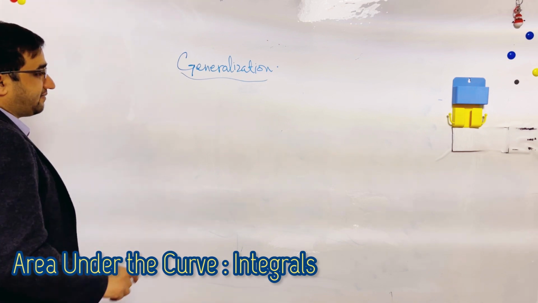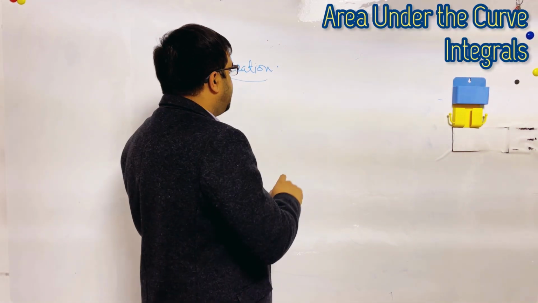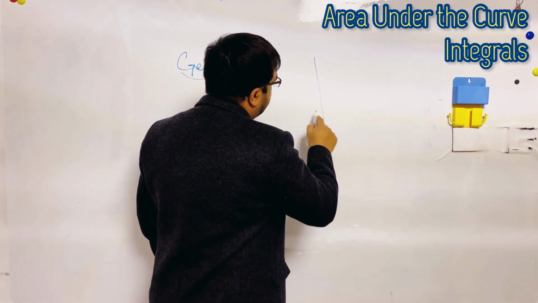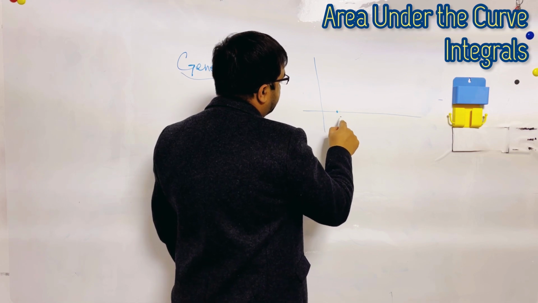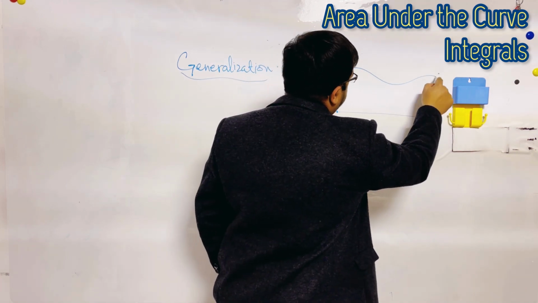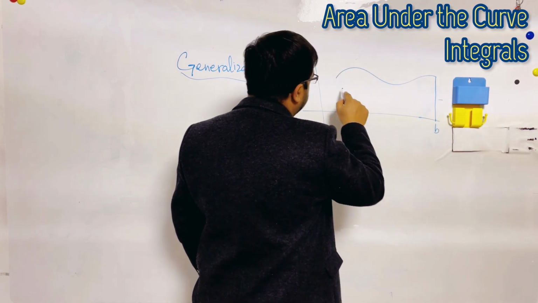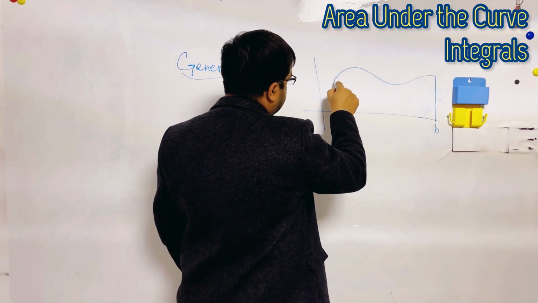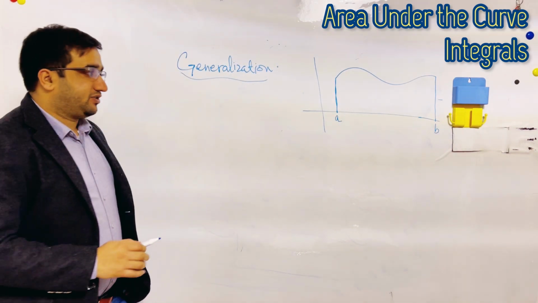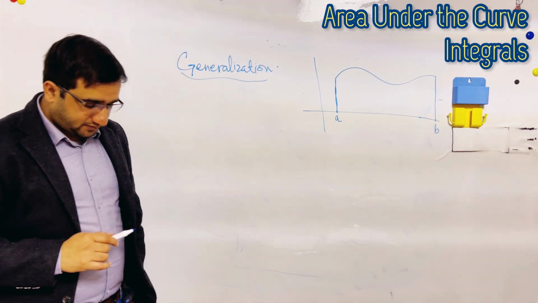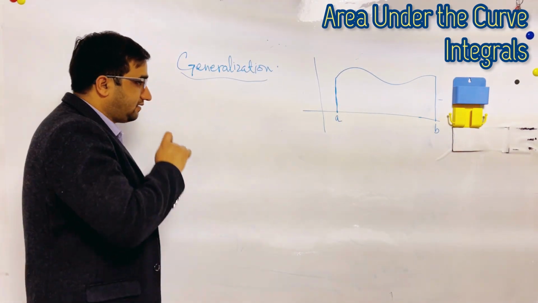Moving from that simple shape, suppose we have this kind of a shape, this is the curve like this, and these are the points. We are going to generalize the whole process of splitting the region into slices.